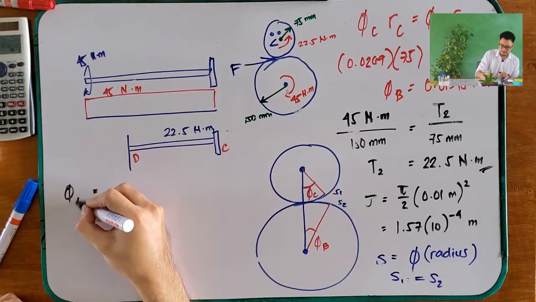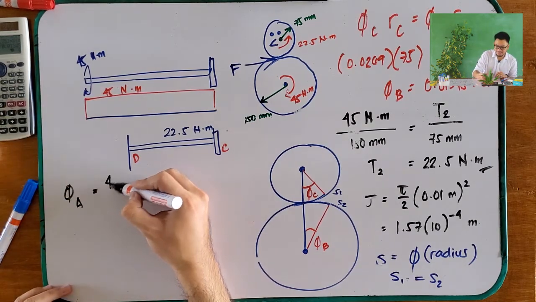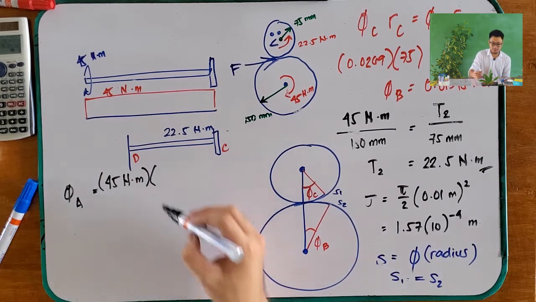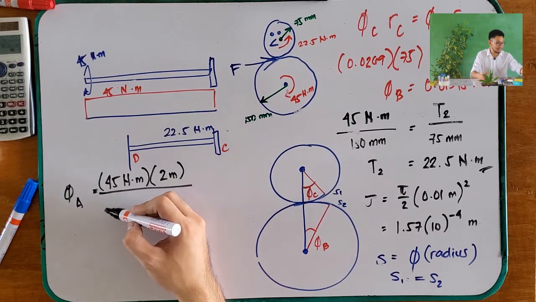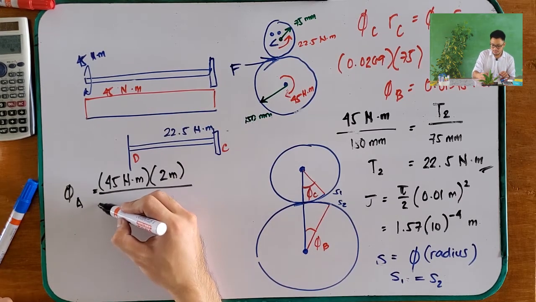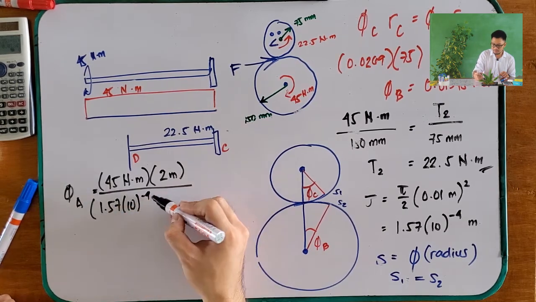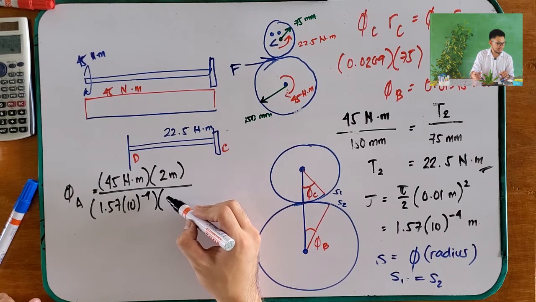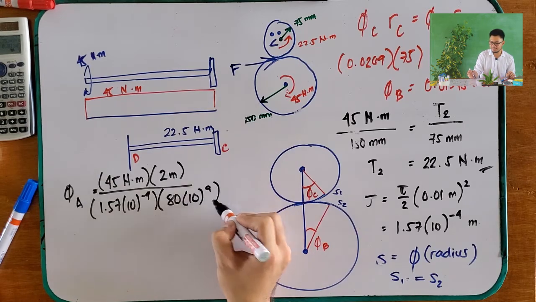Okay, let's do this. So, your angle of twist of A with respect to B is equal to internal torque, 45 Newton meter, multiplied by the length, which is 2 meters, over J, which is, we solved earlier as 1.57 times 10 to the negative 4, multiplied by the modulus of rigidity, which is 80 times 10 to the 9.